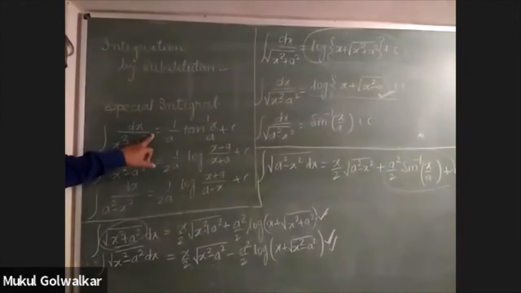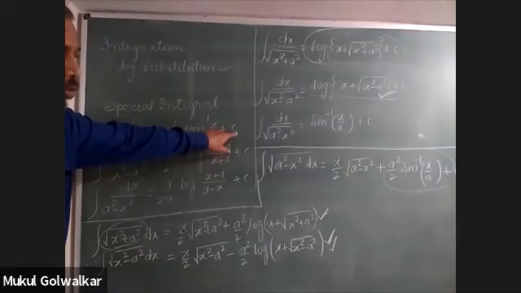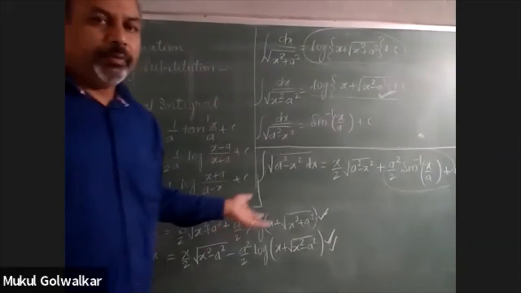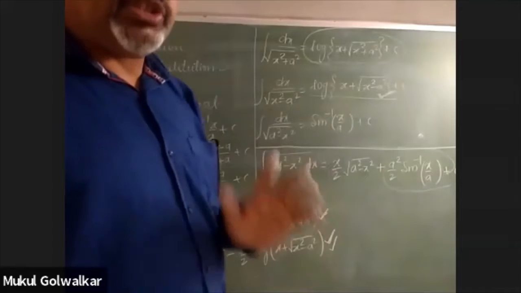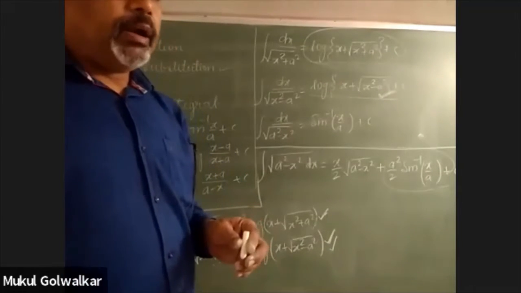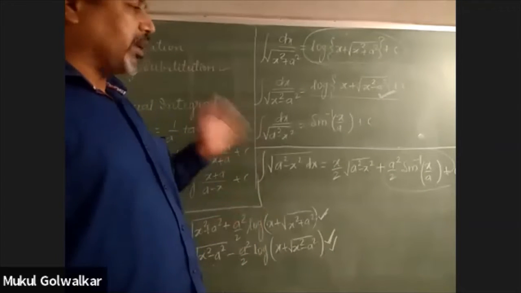And now one question. In last class, I derived the formula dx upon x square plus a square is equal to 1 upon a into tan inverse x upon a plus c. So in the same fashion, the remaining formulae also can be derived. But right now, derivation of the standard formula is not my target. I just wanted to develop a level of confidence in each one of you after you attend the class.